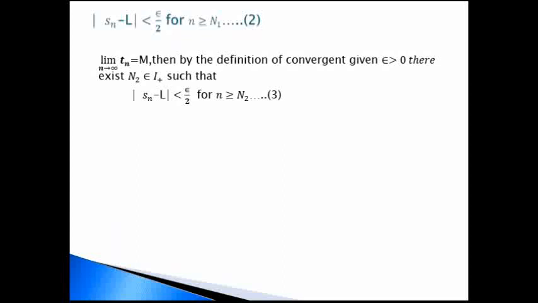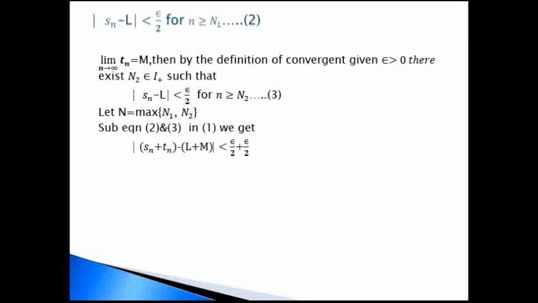Now let's choose N as the maximum of N1, N2. Substituting equations 2 and 3 in equation 1, we get modulus of Sn plus Tn minus (L plus M) is less than epsilon by 2 plus epsilon by 2. The sum of epsilon by 2 and epsilon by 2 is 2 epsilon by 2.